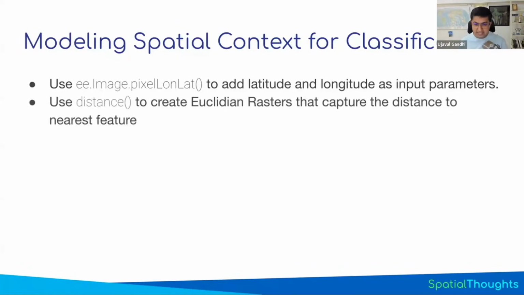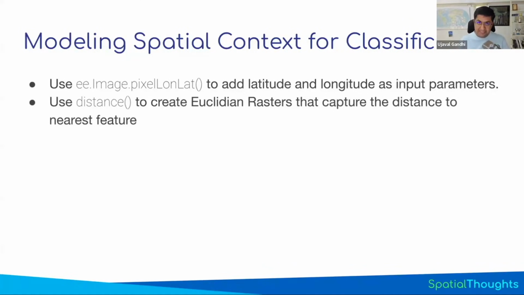Second, there's a function called distance, which allows you to compute distance to the nearest pixel in an image or the nearest feature in a feature collection. A classic example is, say, you are trying to predict house prices, or you're trying to predict urbanization.